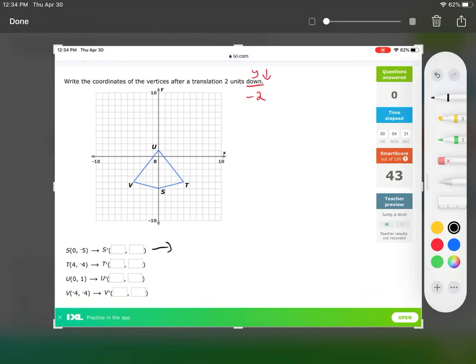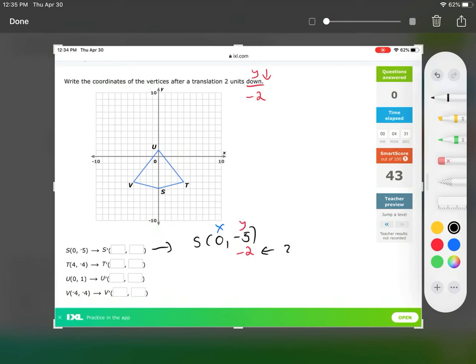So if I look at this, S is 0, -5. Notice there's nothing up here with the X. There's no X that's being brought up. So we are not going to do anything with the X. But the Y, it says going 2 down. So I'm going to subtract 2 on the Y.